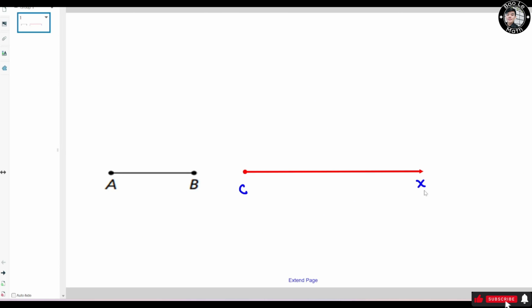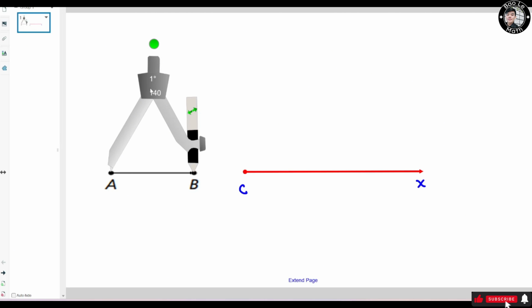Now step number 2, I'm going to bring up the compass, right? So it's going to be right here. I'm going to open the compass to the length of AB, right? So it could be like this, where the compass needle at point A and compass pencil at point B, right here, right?